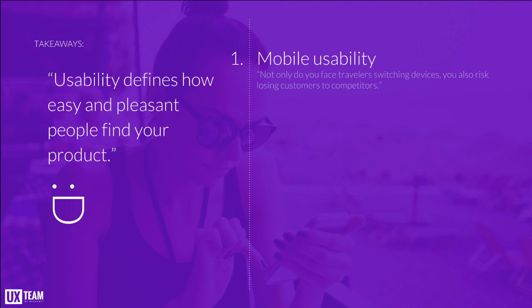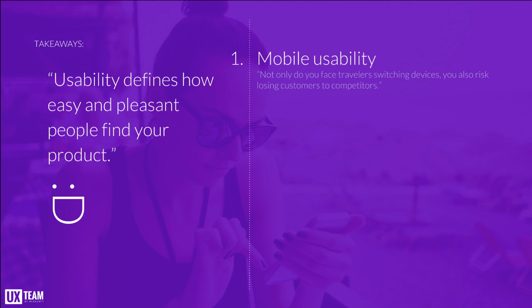Maybe you can lose these users at this transition, and they decide, I'm not going to use your desktop version, I'm going to look for another OTA, another competitor. So you are not only losing a user, but also your bookings. So pay attention to that.